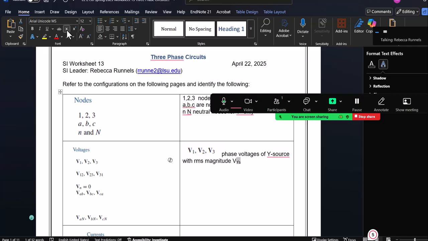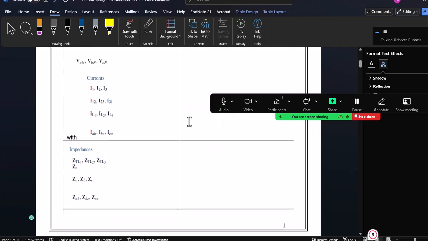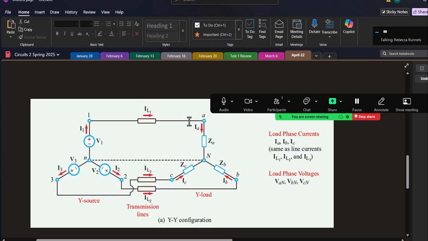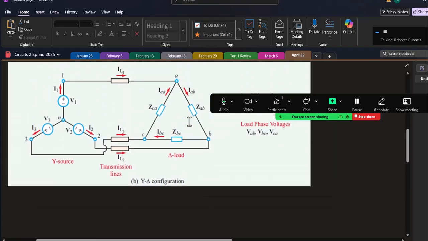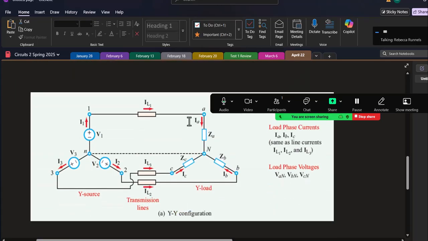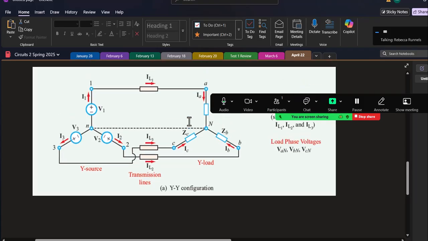And when we talk about the phase voltages, if we look at our circuits here, so this would be the Y phase, the Y source. So they're just V1, V2, V3.